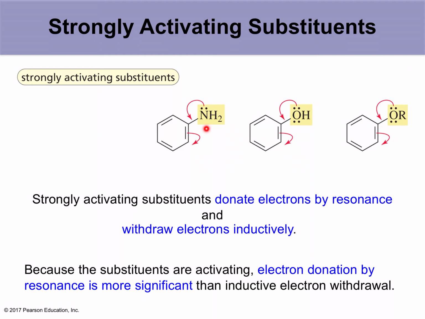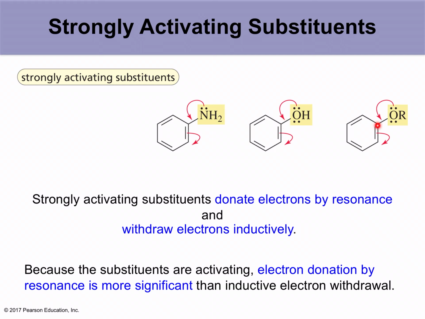So these groups, NH2, OH, and alkoxy, are all strongly activating substituents. Strongly activating substituents donate electrons by resonance and withdraw electrons inductively. Why would you say they withdraw electrons inductively? Through the sigma bond, they can withdraw electrons because nitrogen is more electronegative compared to carbon, and oxygen is more electronegative compared to carbon.